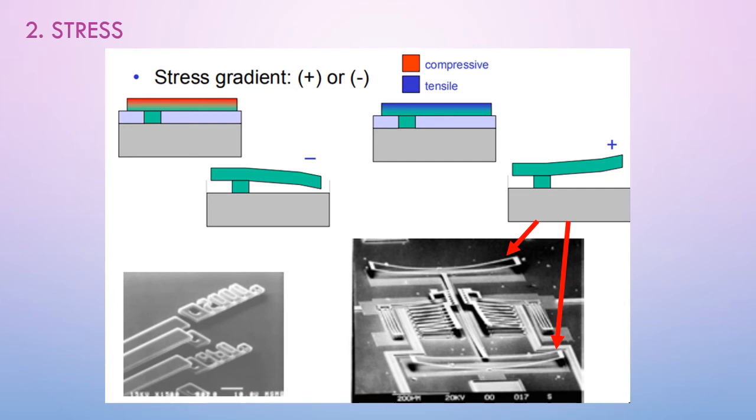So if compressive stress is involved on the structural material, after the removal of the oxide, the beam, let's say the lever here, is going down. If it is a tensile stress on the surface, it goes up. You can see the example shown in the picture below.